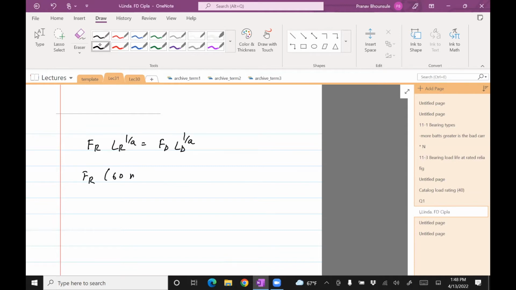So F_R times 60 N_R times abbreviated L_R to the 1 over A equals F_D times 60 N_D times abbreviated L_D to the 1 over A.